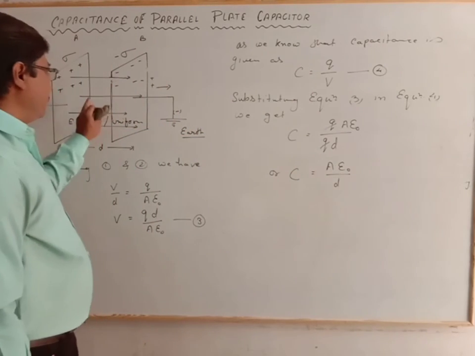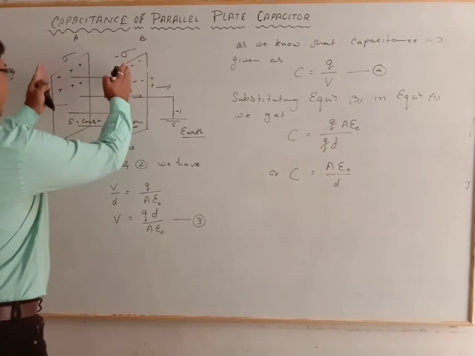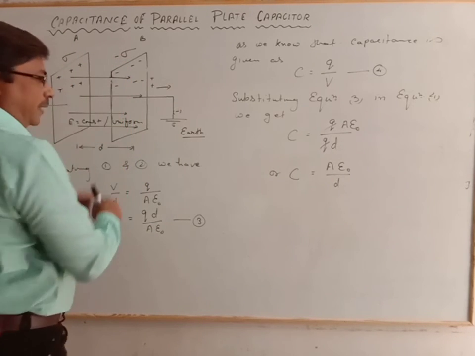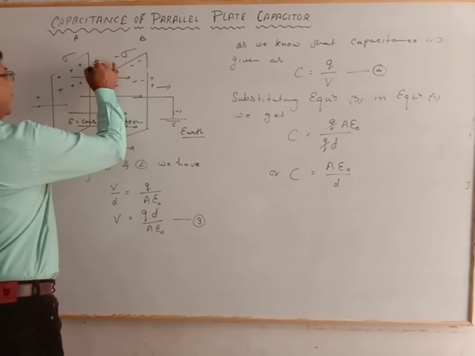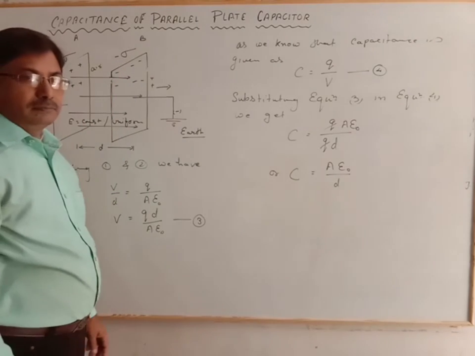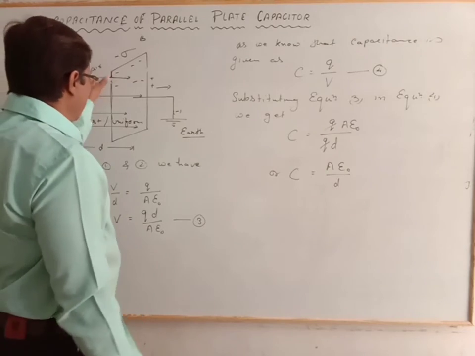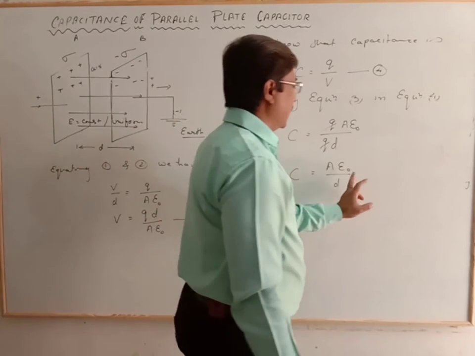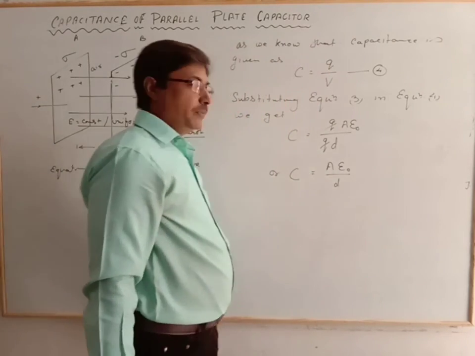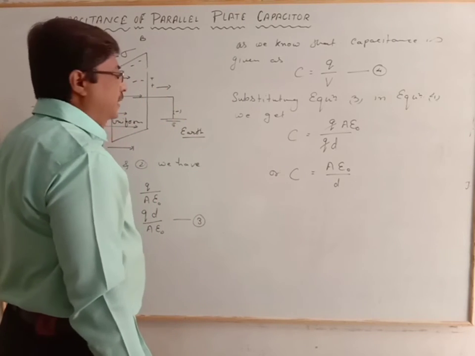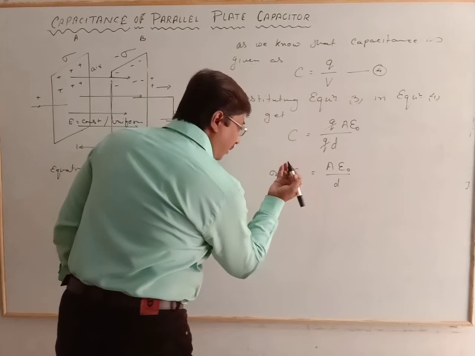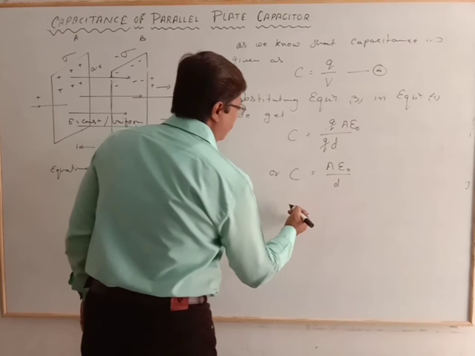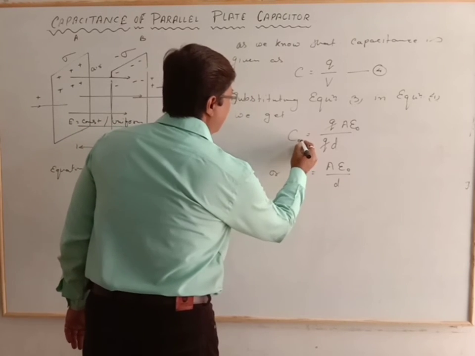In this parallel plate capacitor we have taken air as the medium, so we consider epsilon naught, and we write the capacitance as C naught.